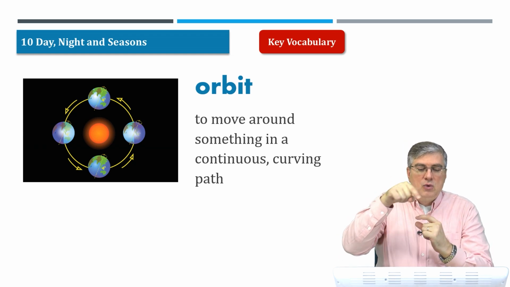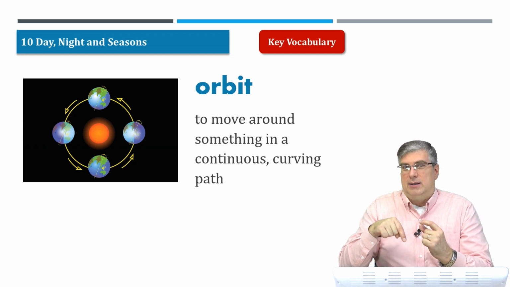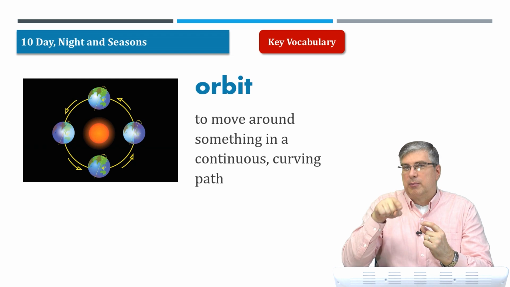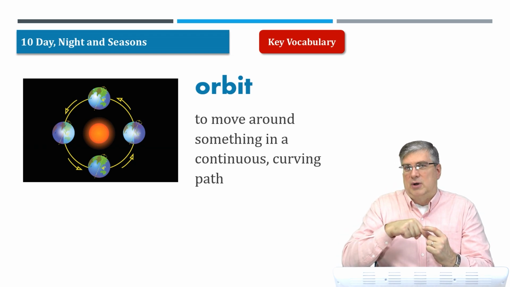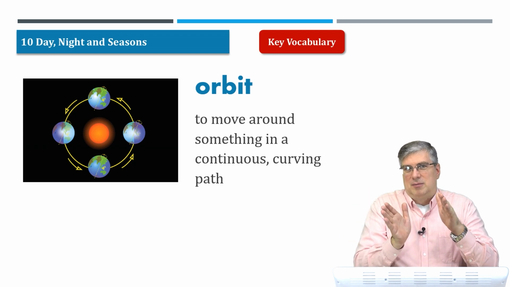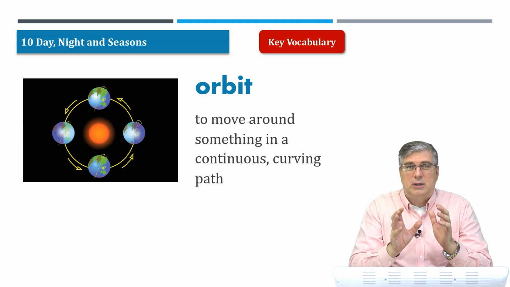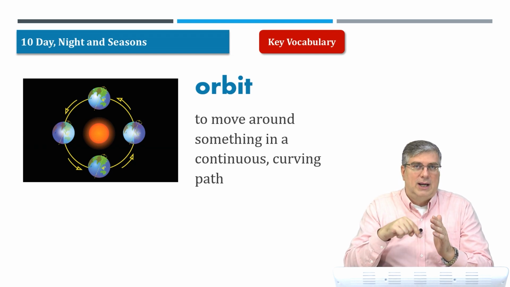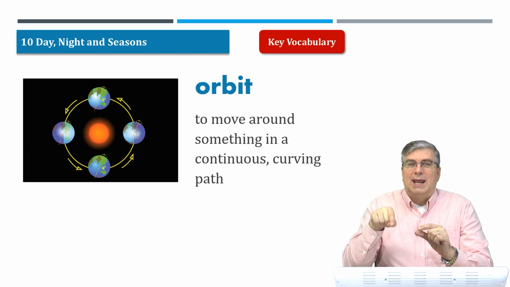So orbit is to move around something in a continuous curving path. It might not be a perfect circle. In fact, some planets they're not in a perfect circle. They're a little bit long or short in some parts, depending on which part of the circle you're looking at. We call that an oval, right? But if something moves around something, right, we call that an orbit.